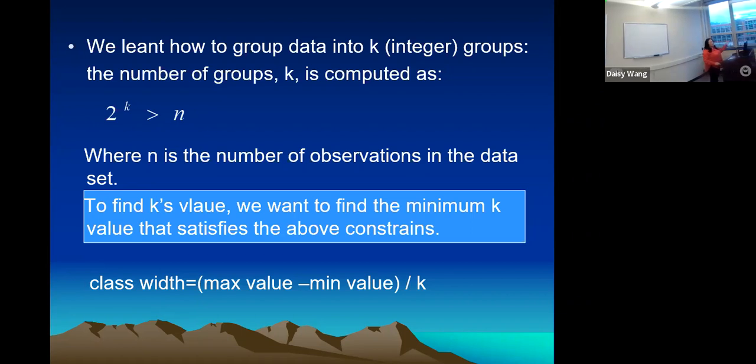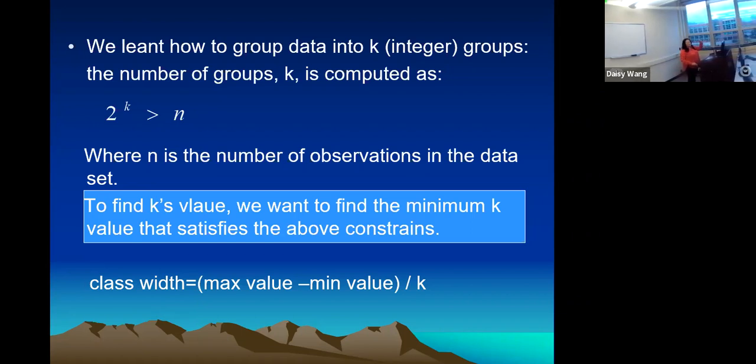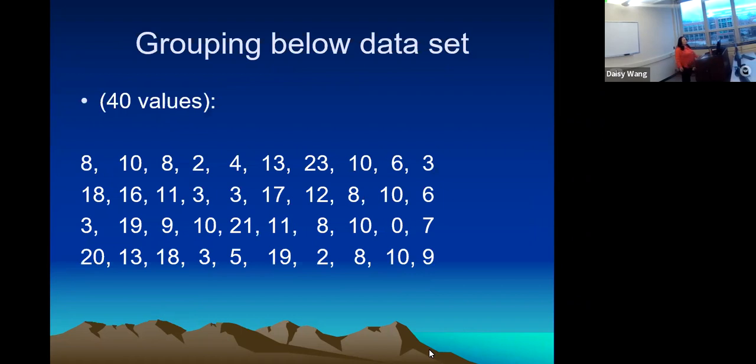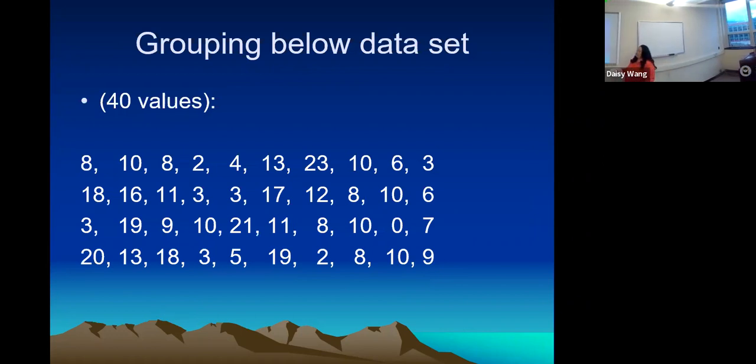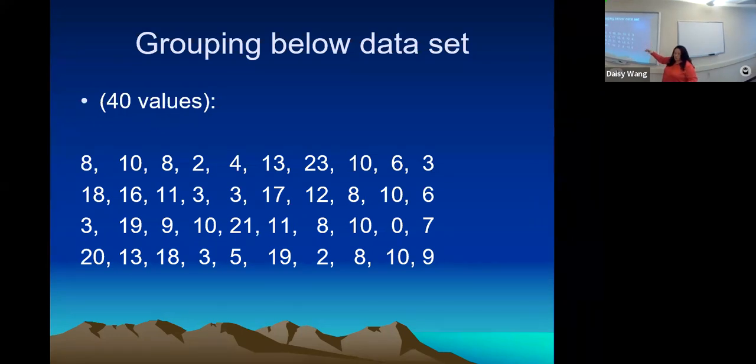We use the maximum value minus the minimum value divided by either 5 or 6. So here's a quick example: to group this data with 40 values. If we put it in 5 groups, then 2 to the power of 5 is 32, so we have to use 6.